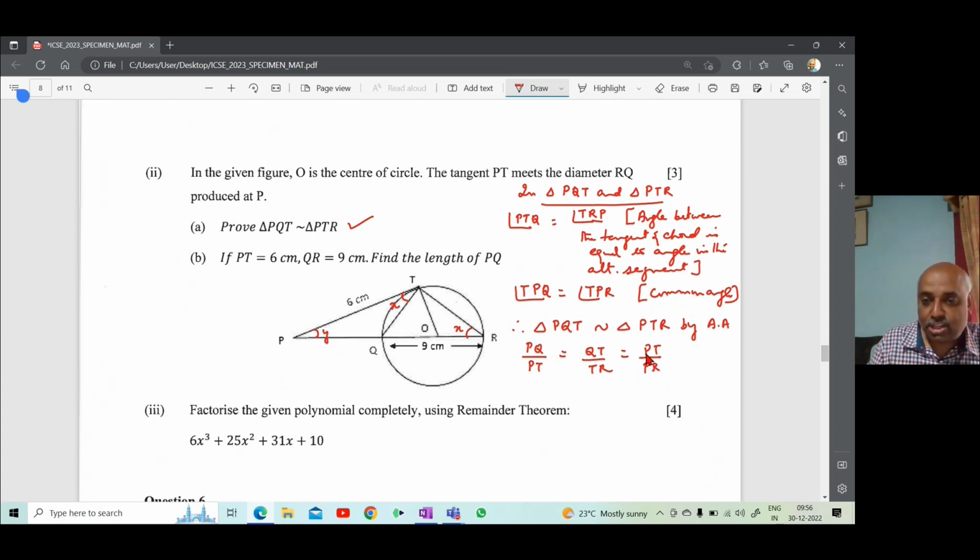That is, the corresponding sides are proportional. Now, in the question, what is given to you? They have said PT is 6. So PT is here. This value I know. QR is 9.